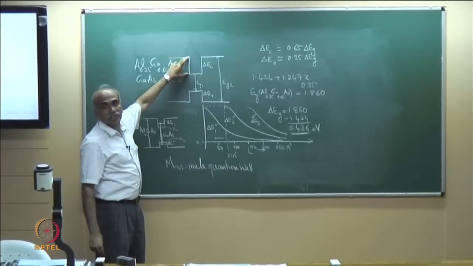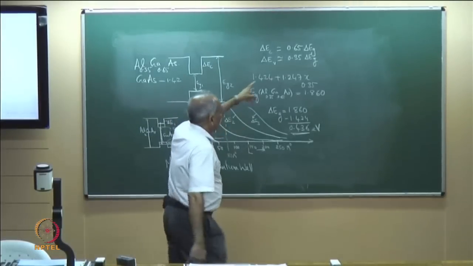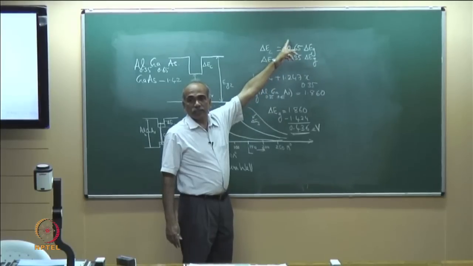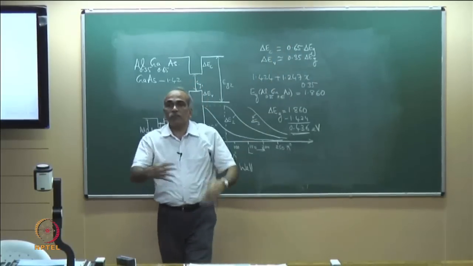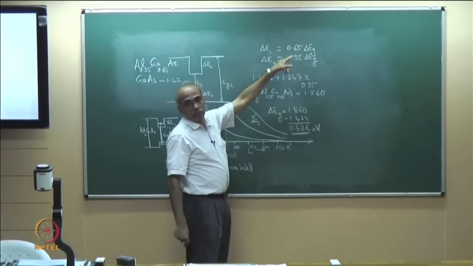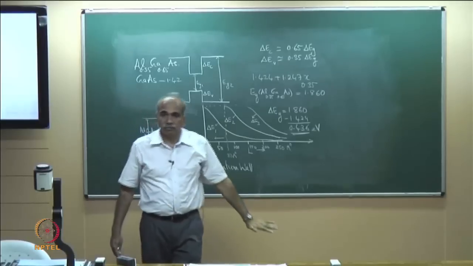In the early 80s, this number was 85 and 15, 85% delta EC and 15%, but subsequently advanced experiments have determined that this discontinuity is approximately 65% and 35%.